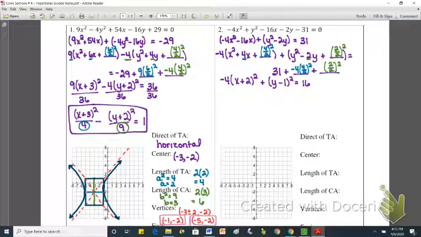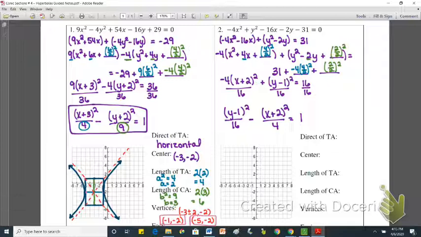From here, I'm going to divide everything by 16. As I do that, I'm going to rearrange it in the correct form. My minus is first, I want it second, so I'm going to move the second term to the front. So that'll get me y minus 1 squared over 16 minus x plus 2 squared over 4 equals 1. There's my equation in standard form.